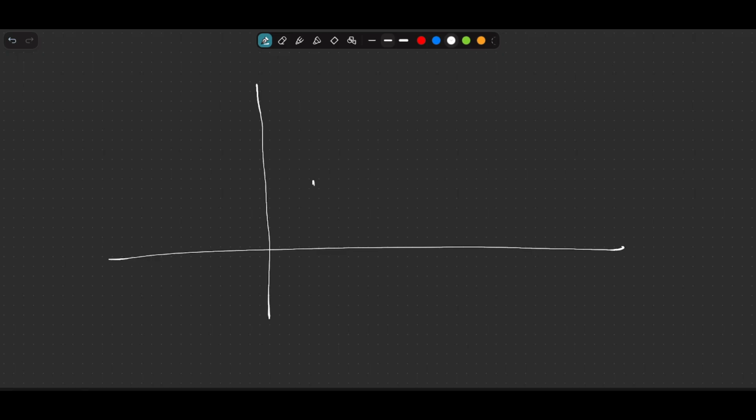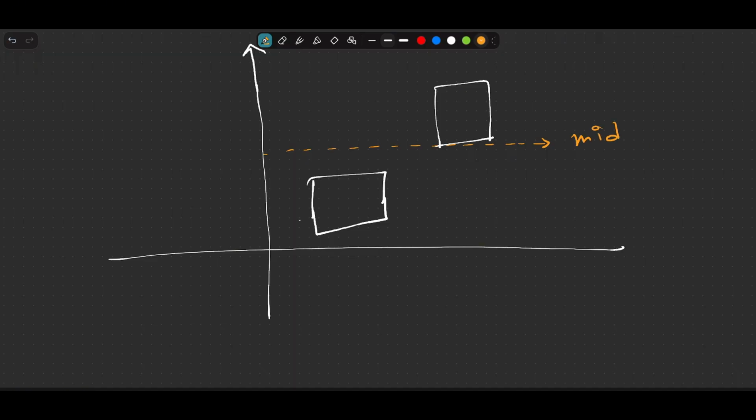So let's see. Let's assume this is one square, this is another square. Okay. So let's think carefully. What are the options we have? Suppose this is a particular current mid I'm searching for. So it is very clear that if I move this line up, then the up area will get reduced and the down area will go up, right?